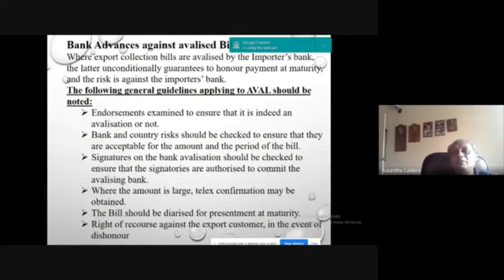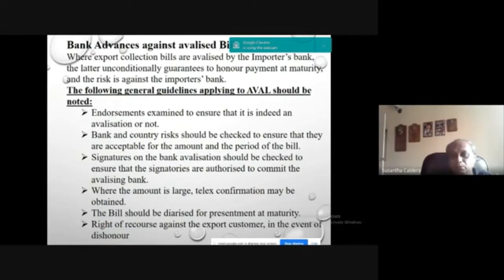Right? Bank advances against avalized bills, where export collection bills are avalized by the importer's bank, the latter unconditionally guarantees to honor payment at maturity, and the risk is against the importer's bank. It's a very good tool.